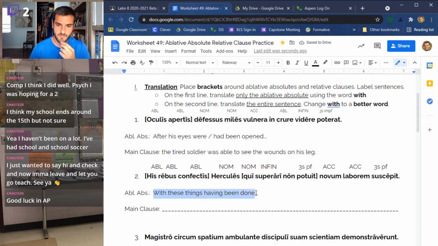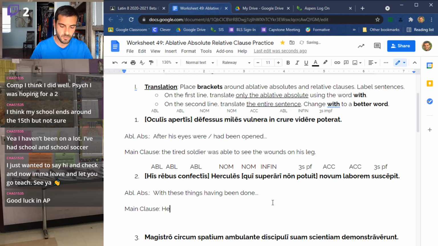With these things having been done, my main clause here, Hercules qui. Since we're talking about a person, we're going to say who, especially since it's nominative. We're definitely going to say who and not whom. Superari non potuit. Non potuit from possum, who was not able. Superare means to defeat someone.